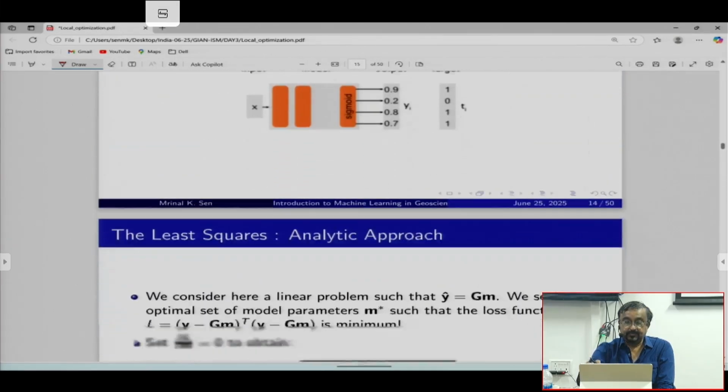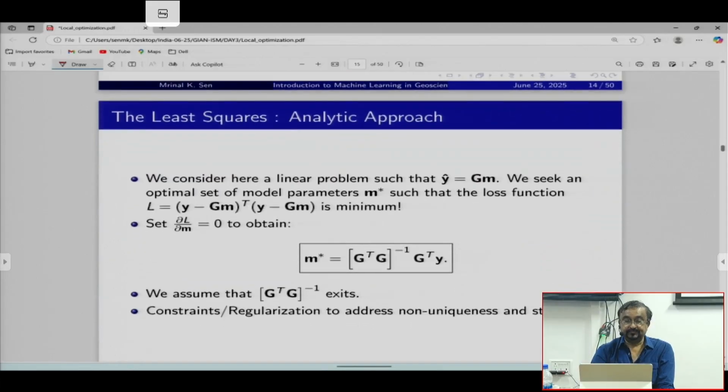Okay, so least squares. This is our linear problem. We are continuing to discuss how we find the optimal model parameters, right? In least squares, we also define a norm, and the name implies that we use an L2 norm, because it's finding the least value of the square norm. That's why it's called least squares.